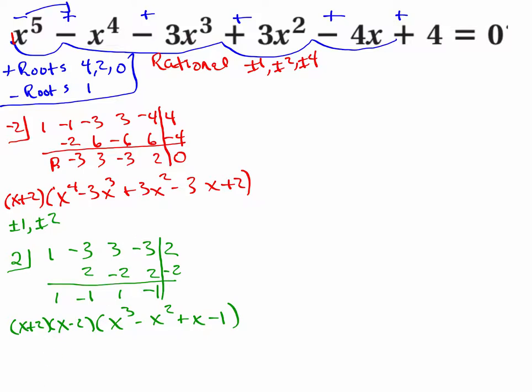Now, I know I've got one positive root, so that means I have to have at least one more positive root. As soon as I find one positive root, I know it can't be 0. So let me see if I have another positive root. But the only thing it could be is 1, because I've got only 1 in my last place.